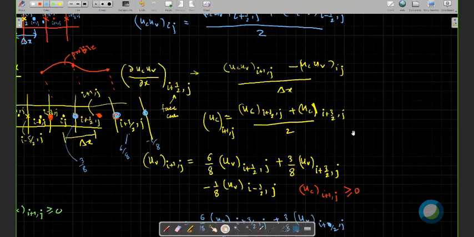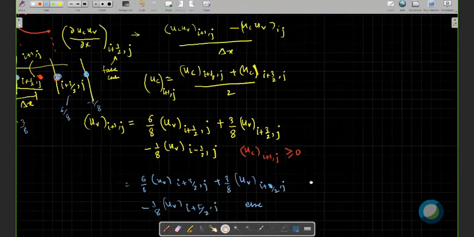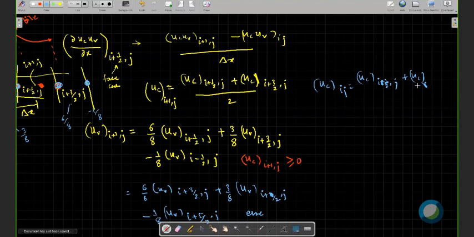So let me write: UCij will be equal to UC I plus half j plus UC I minus half j, divided by 2. Now this UC Ij we have already taken.